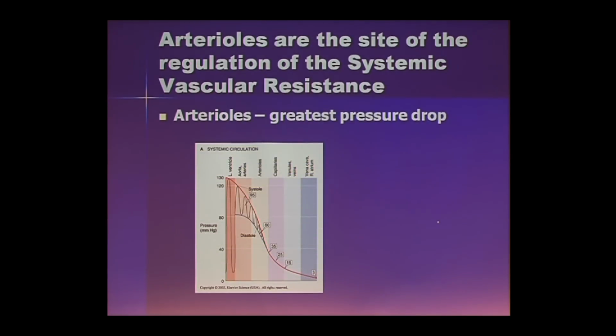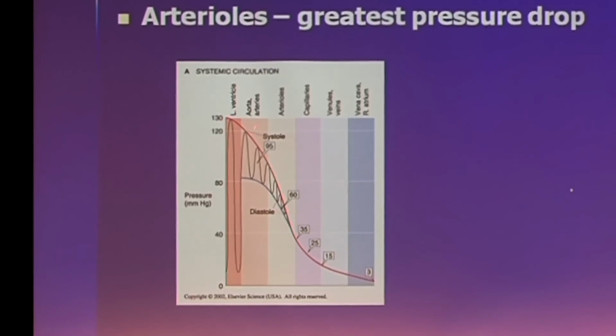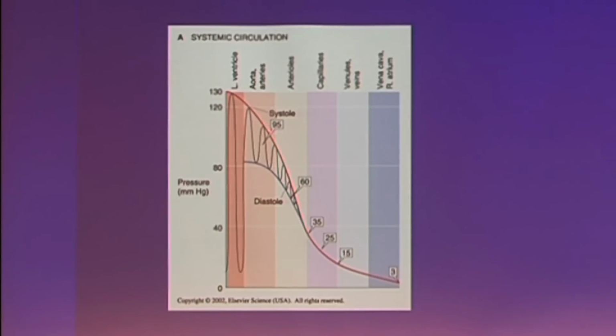And that's where the greatest pressure drop occurs, meaning that arterioles actually have the greatest resistance on their own anyways. So if I were to show you the pressure drop from the left ventricle to the aorta and larger arteries to arterioles and then down to capillaries, take a look at this. This is the drop in your arterioles.